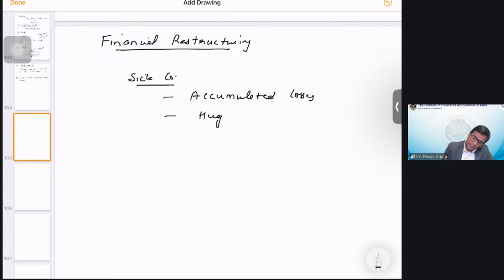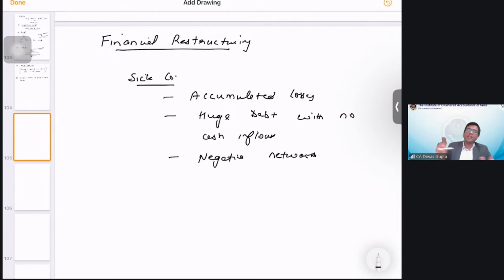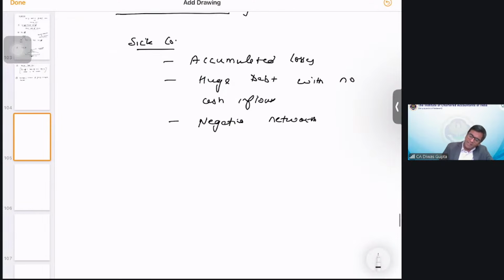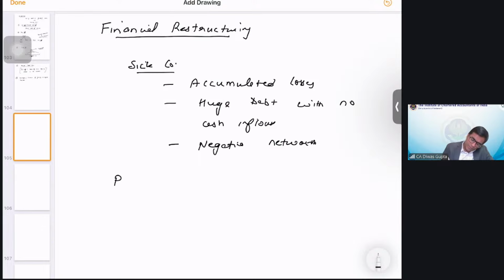Huge debt with no cash inflows. They have negative net worth. I mean, financially, they are not at all viable to be continued. Those are called as the sick companies. Okay. For these sick companies, there is a plan to revive.